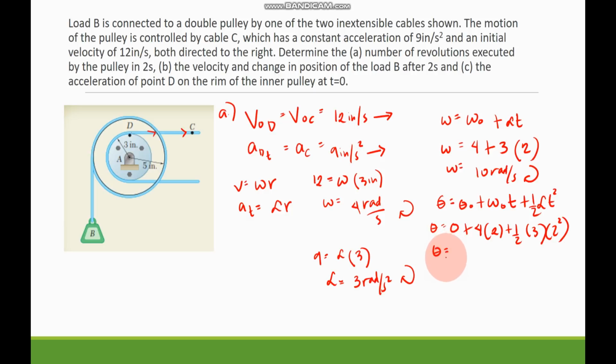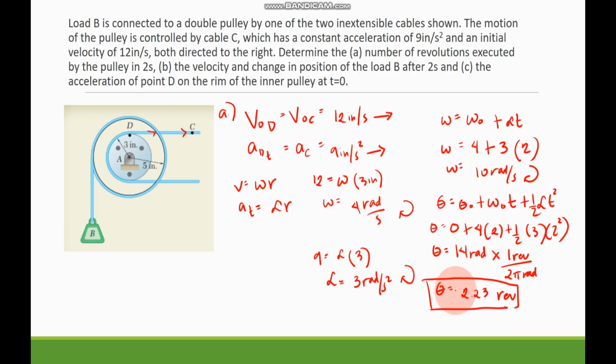Therefore, the angular coordinate is equal to 14 rad. And the problem is asking for the number of revolutions. So we just multiply it by 1 revolution per 2 pi rad. Therefore, it is equal to 2.23 revolutions. So this is our answer for letter A.